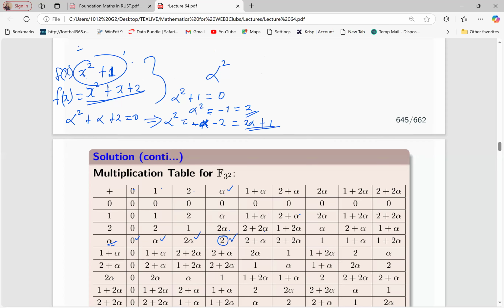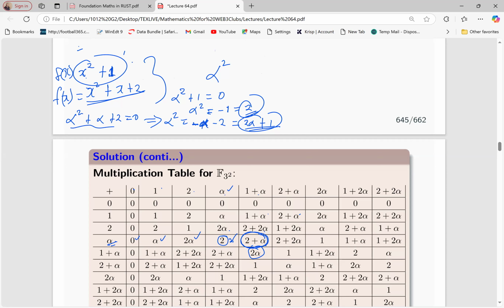So this element can be this if you're using this polynomial. If you're using this polynomial, it will be 2. If you're using this other polynomial, it will be this. So it means it will interchange with this other. When you're using this polynomial, you expect this one to be a 2.